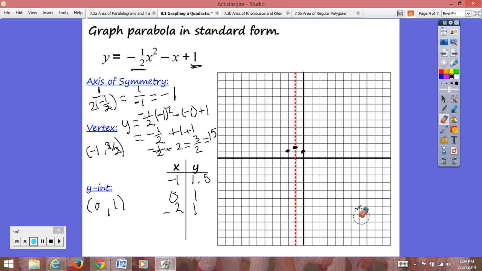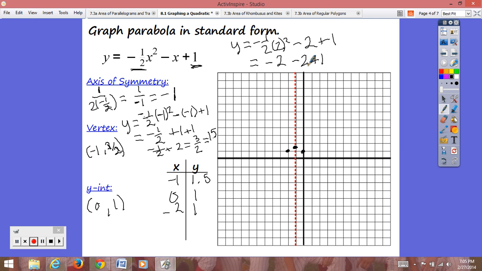Then we need to find one more point we can plot, and then we can flip over the x-axis, or the axis of symmetry, sorry. So if I were to pick 2 for our x, get y equals negative 1 half times 2 squared minus 2 plus 1. 2 squared is 4 times our negative 1 half, gives us negative 2 minus 2 plus 1.